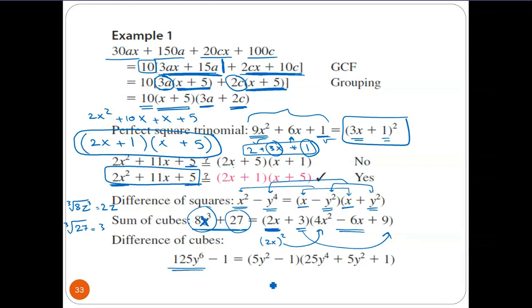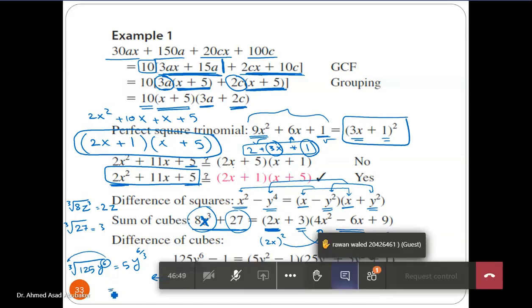Okay, here take the cube root of 125y to the power 6. This equals the cube root of 125, which is 5. And y to the power 6 over 3 gives y to the power 2.